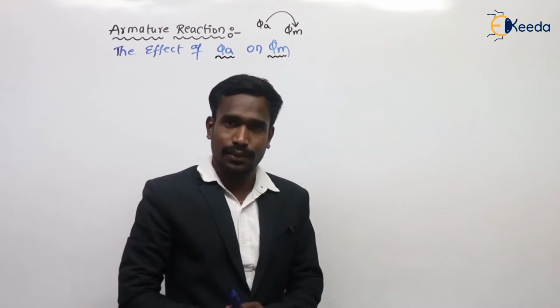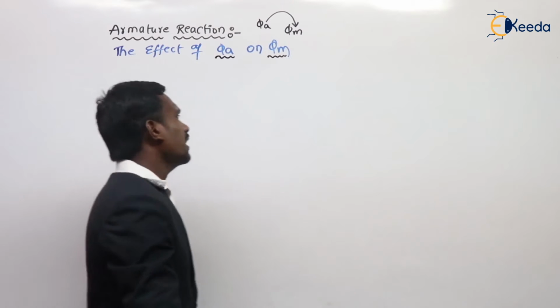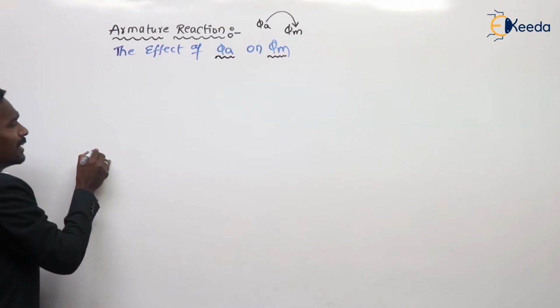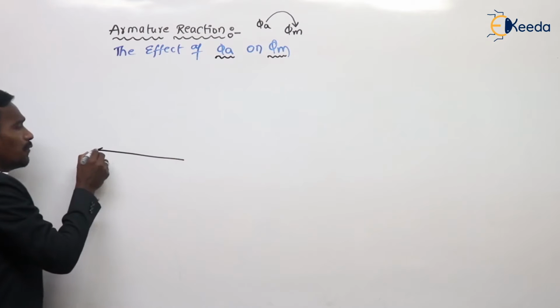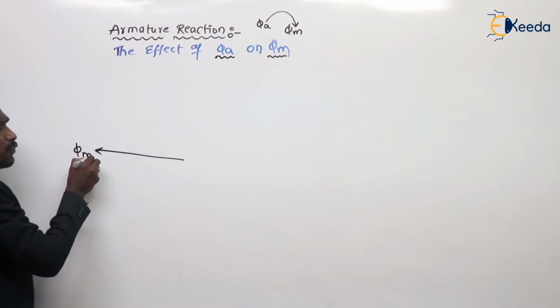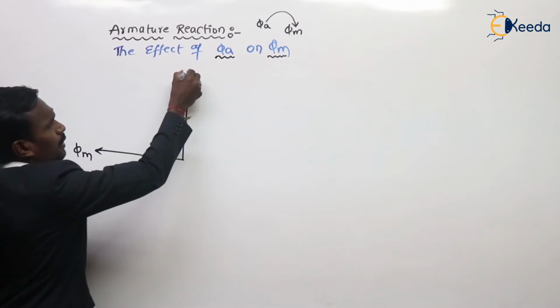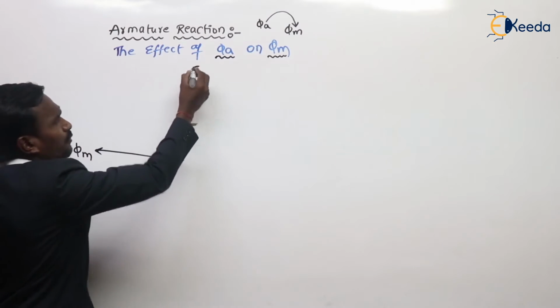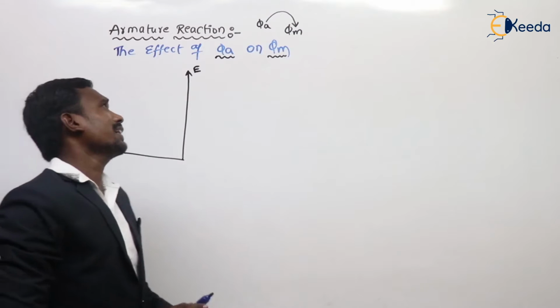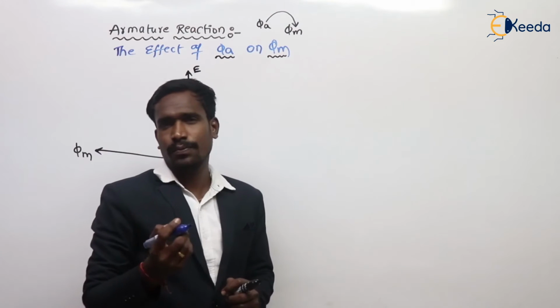This is very clear. So let's see, in our alternator, as I told you already, for example, this is the main field flux and this is our EMF. EMF is nothing but the EMF induced in the armature.